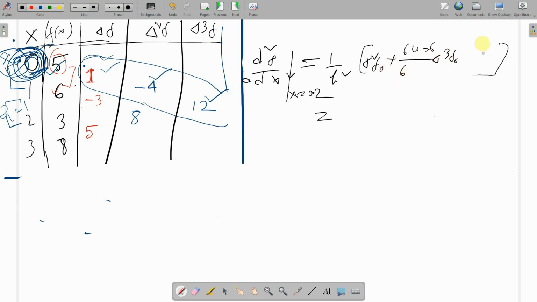I'm putting the value here of 3 factorial, and the third term you will be writing, minus 13.6. So this will be your answer.